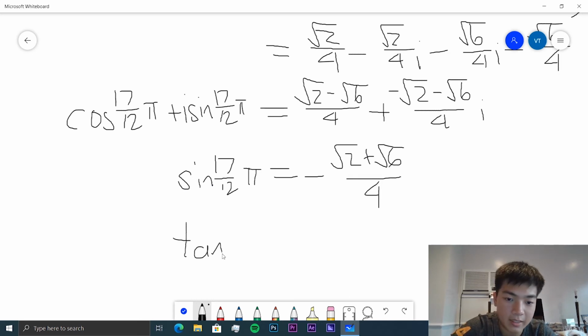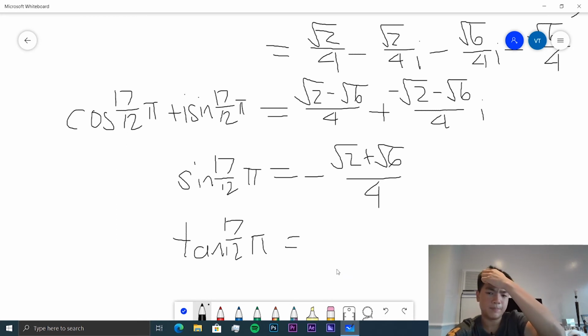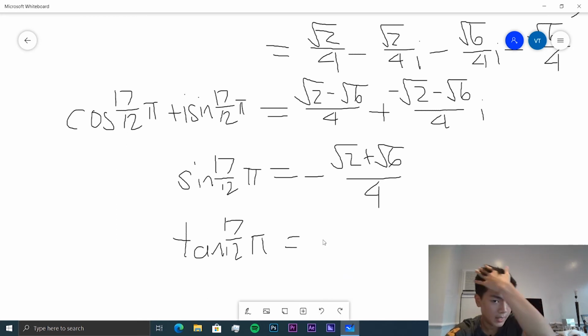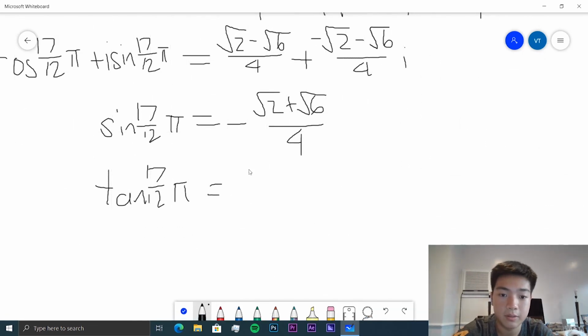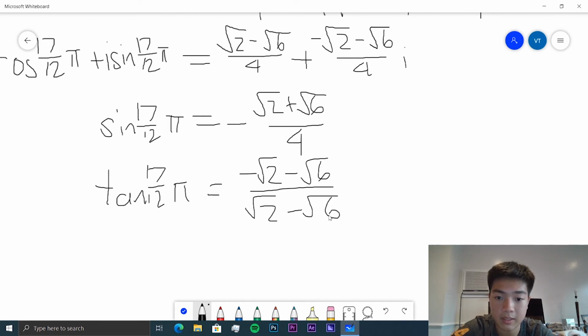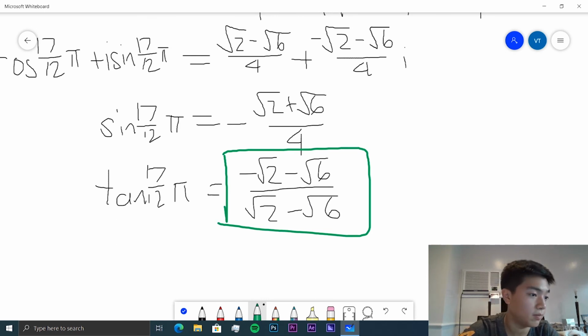And then tangent of 17 over 12 pi is sine over cosine. So this would be equal to negative square root 2 minus square root 6 over square root 2 minus square root 6.